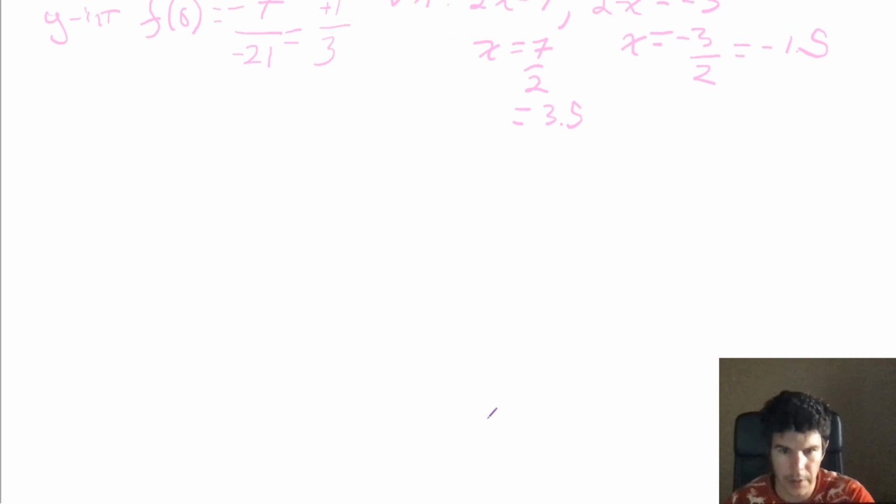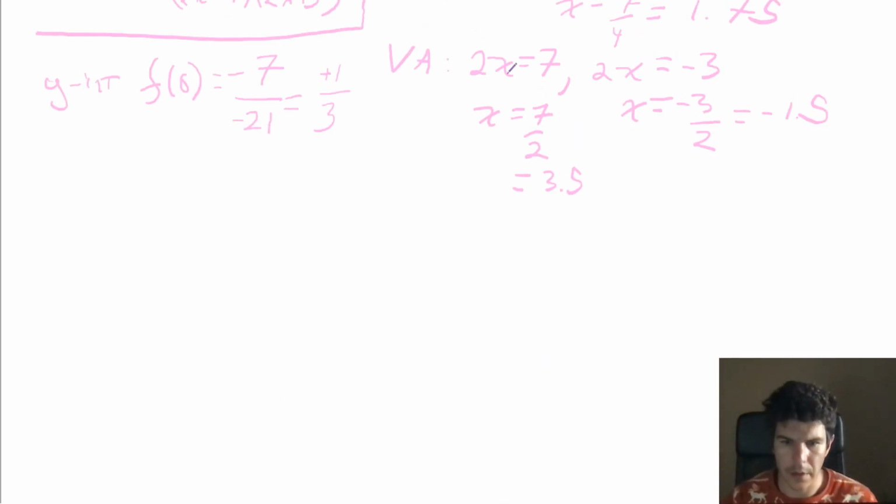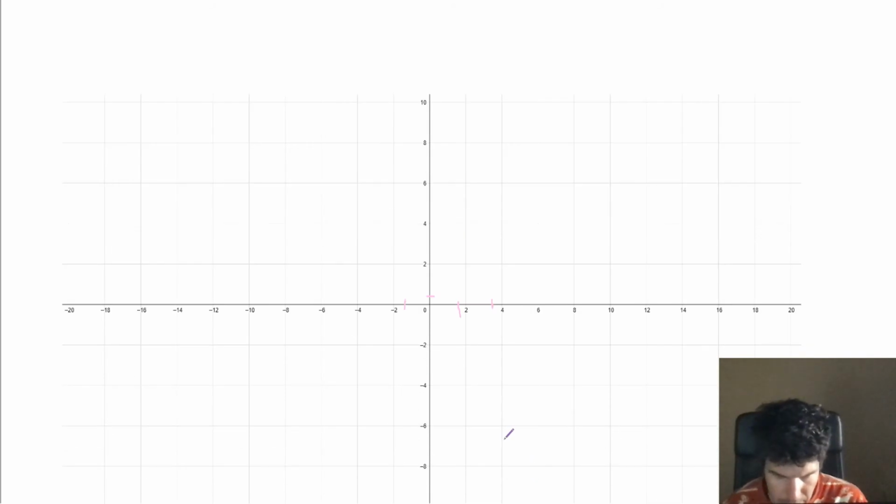Making sure we don't forget, here we have our vertical asymptotes, the 3.5 and negative 1.5, drawing in these vertical lines. X equals negative 1.5, x equals 3.5.